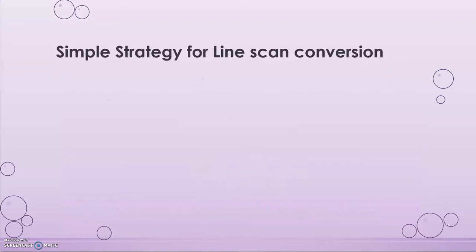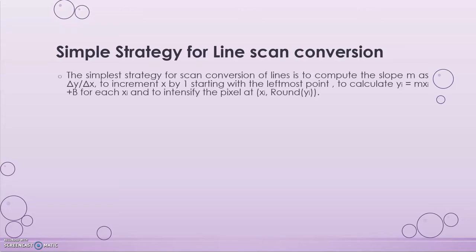Now we'll see the simple strategy for line scan conversion. The simple strategy for scan conversion of lines is to compute the slope m as delta y by delta x, to increment x by 1 starting with the leftmost point, to calculate yi = m*xi + b for each xi, and to intensify the pixel at (xi, round(yi)).